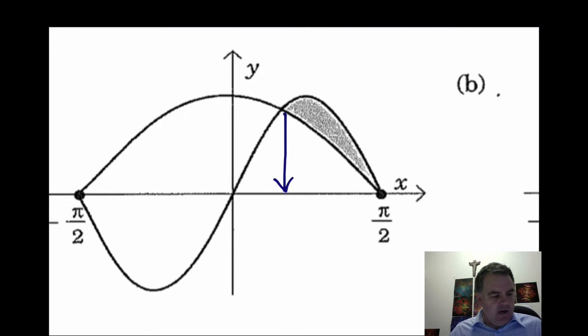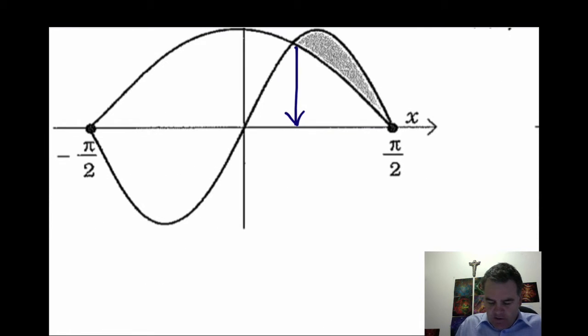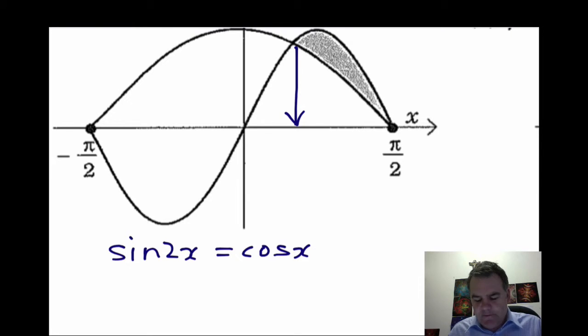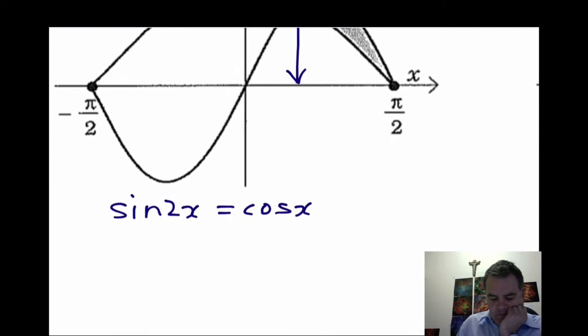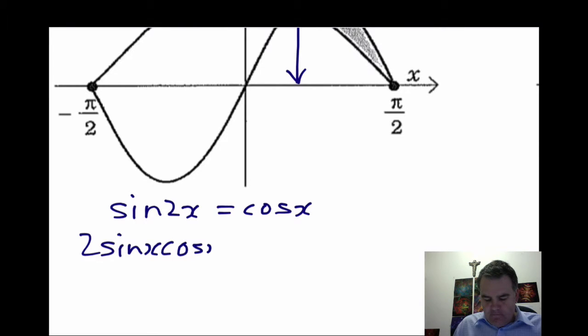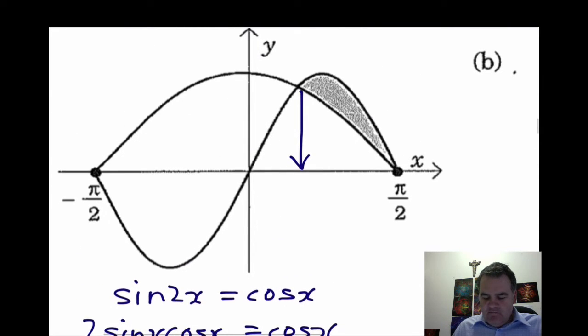So I want to know when sine 2x is equal to cos x. Sine 2x, which is the top graph, I want to know when that is equal to cos x. That's the first step here, isn't it? So we do that. Well, sine 2x is 2 sine x cos x. Clearly, it's not 0 we're looking at.